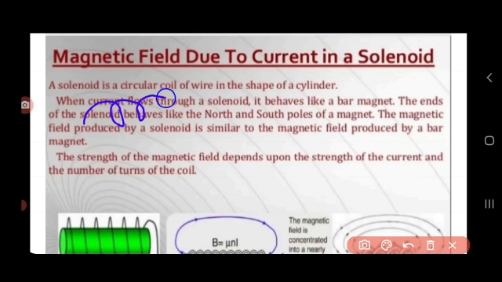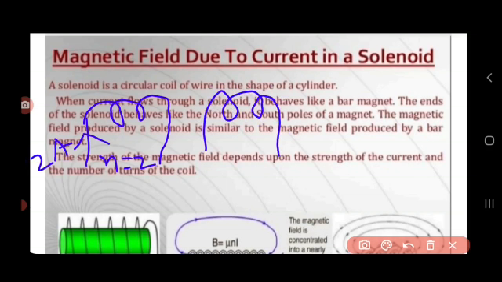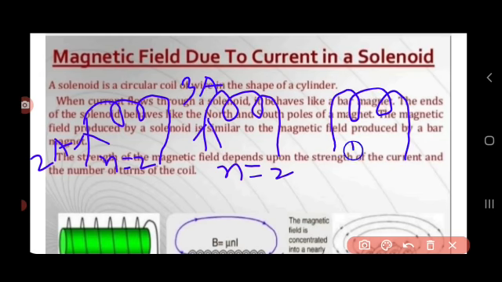So in the second solenoid, maximum current is passed, that is 3 ampere. So it has a maximum strength. So from this experiment we can say that the strength of a solenoid can be increased by increasing the number of turns of the coil and by increasing the magnitude of current.